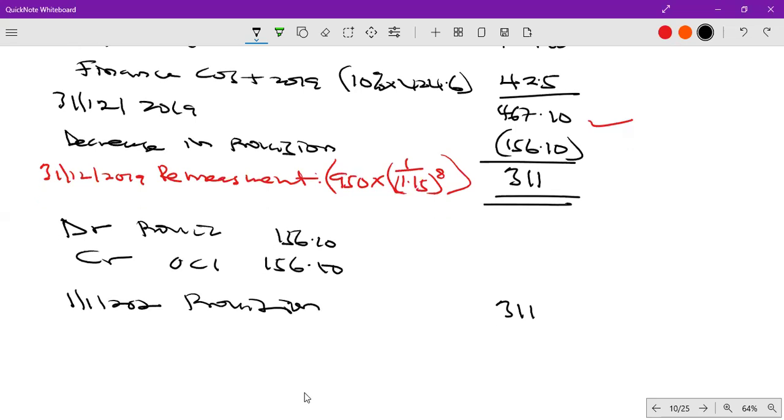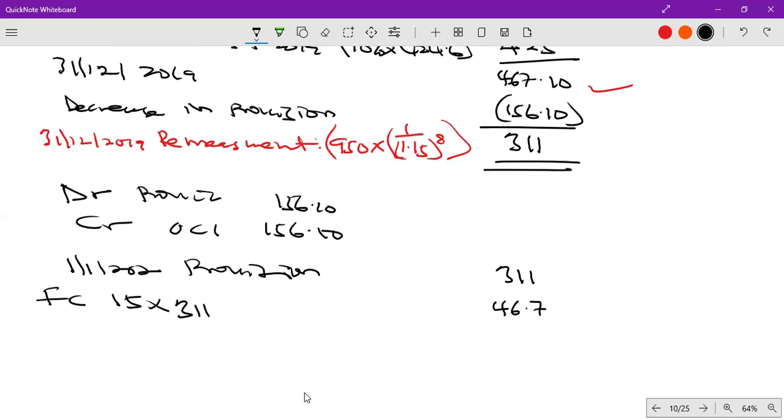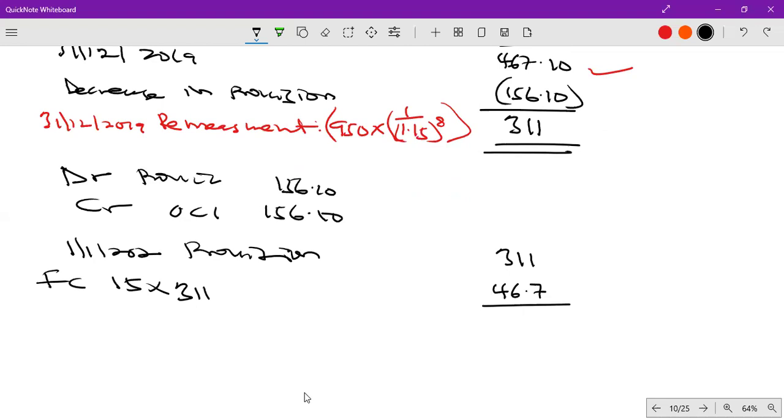So what will be the unwinding of its finance cost? 15% times 311, which will give us 46.65, about 46.7. So what will be the carrying value of this provision at the end of 2020? 264.